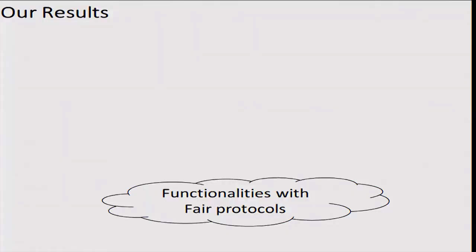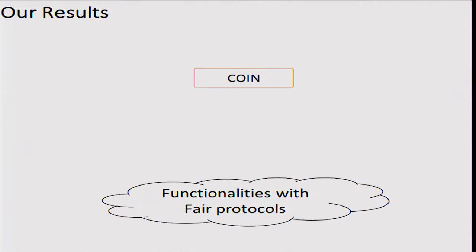Let us take a look at the results we have. If we look at the landscape of fairness, at the bottom we have functionalities which have fair protocols. This might be under computational assumptions or with access to an unfair functionality. We know that coin does not have a fair protocol.